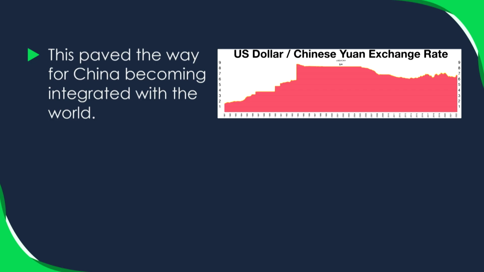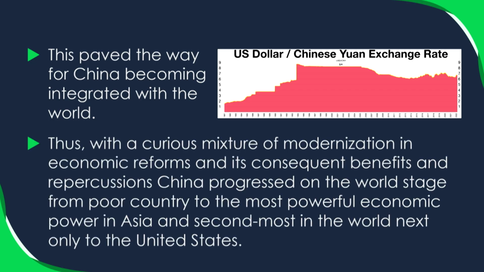This paved the way for China becoming integrated with the world. Thus, with a curious mixture of modernization in economic reforms and its consequent benefits and repercussions, China progressed on the world stage from a poor country to the most powerful economic power in Asia and the second most in the world, next only to the United States.